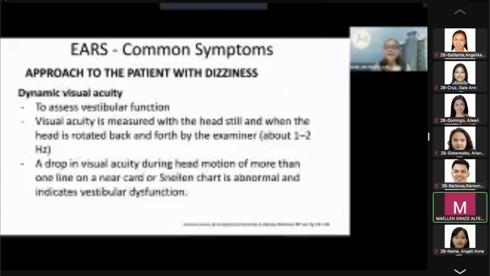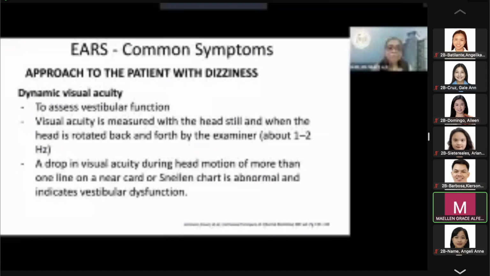And then you ask the patient again to read the visual acuity. If there is a drop of one line in the Snellen chart or the Jaeger chart, the near vision card, this is abnormal and is indicative of a vestibular dysfunction.